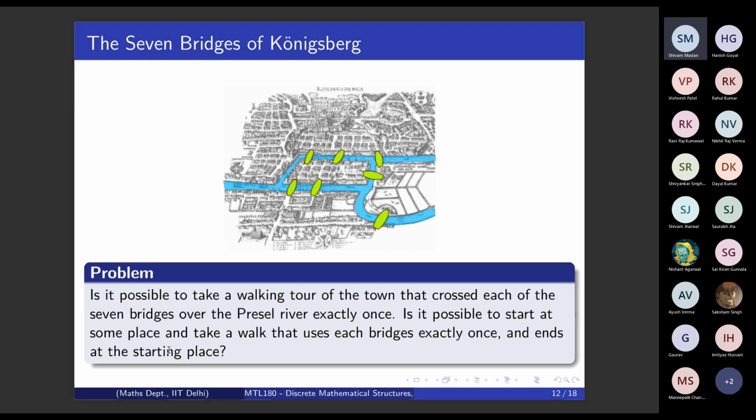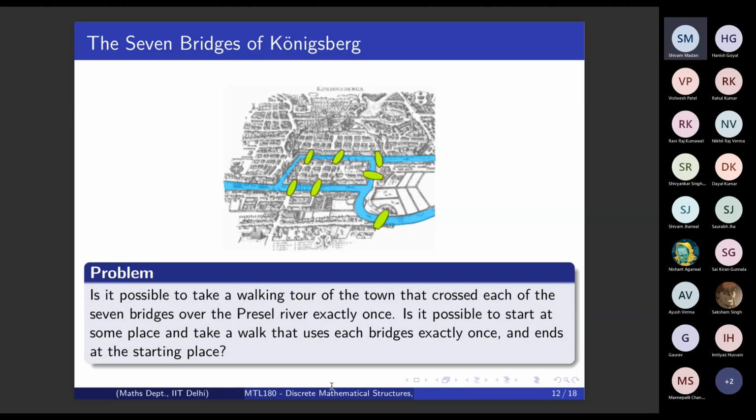Okay, now this is a famous problem. This is called the seven bridges of Königsberg. Now look at the figure, this one, and you can see that there are seven bridges: 1, 2, 3, 4, 5, 6, 7. Now this is the problem.